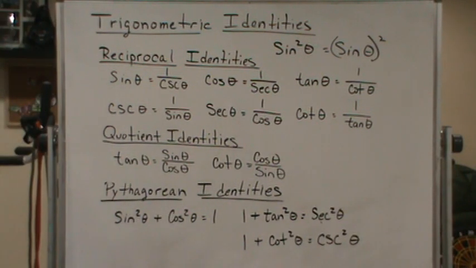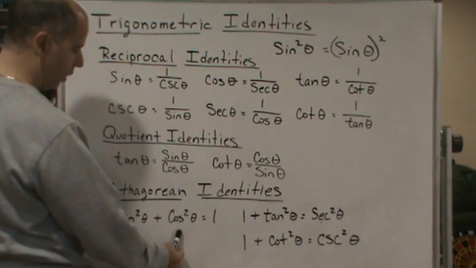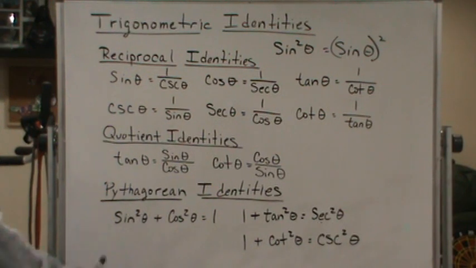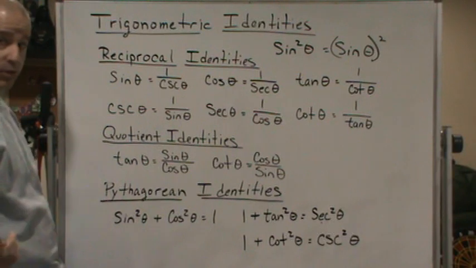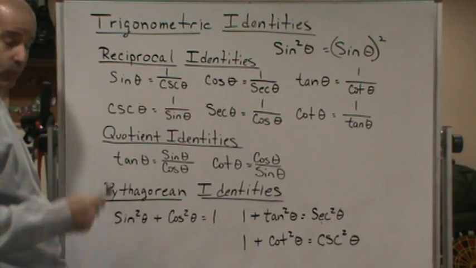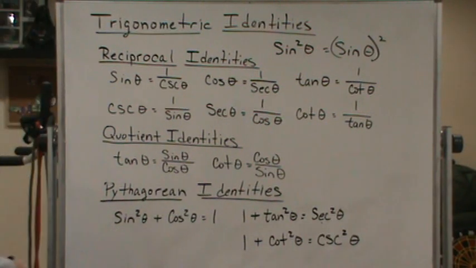Now think about the unit circle, and this will make sense because sine is equal to y and cosine is equal to x. So this is the same as y squared plus x squared equals 1 on the unit circle. Think about the right triangle, and you'll be able to see how this is derived.